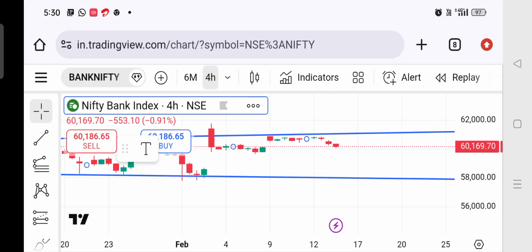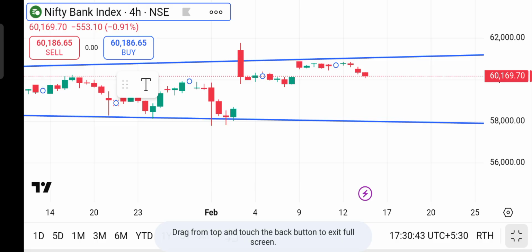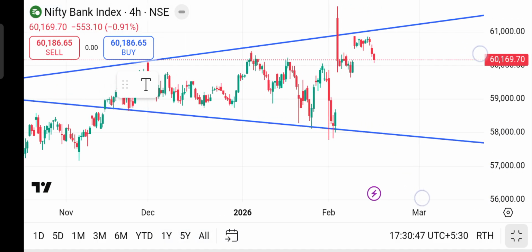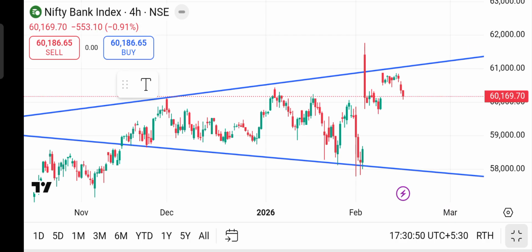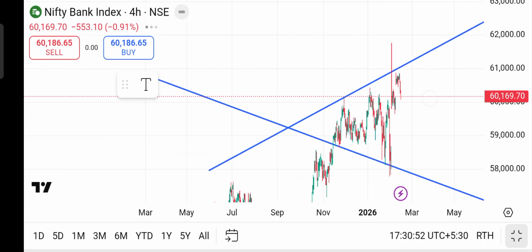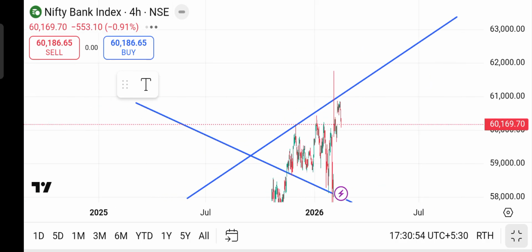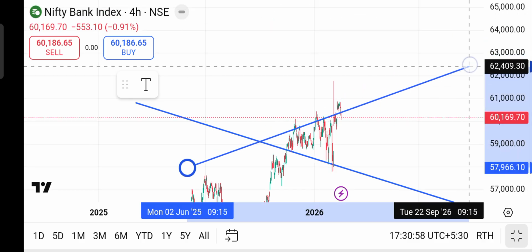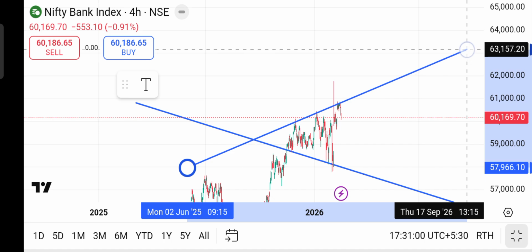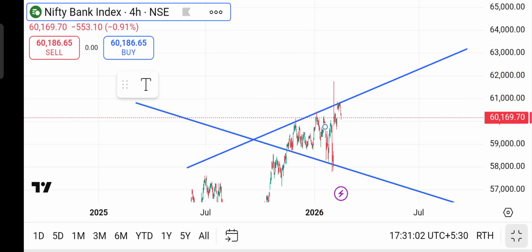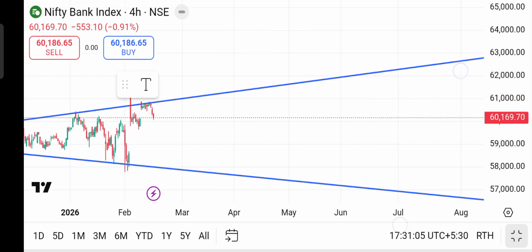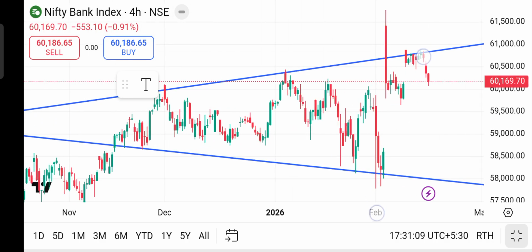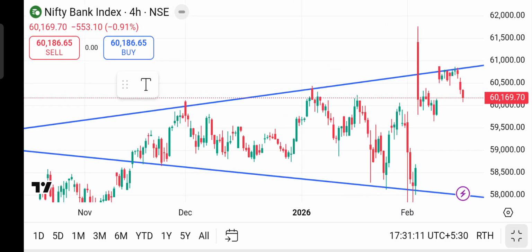4 hours chart. Okay, only buy these levels only.